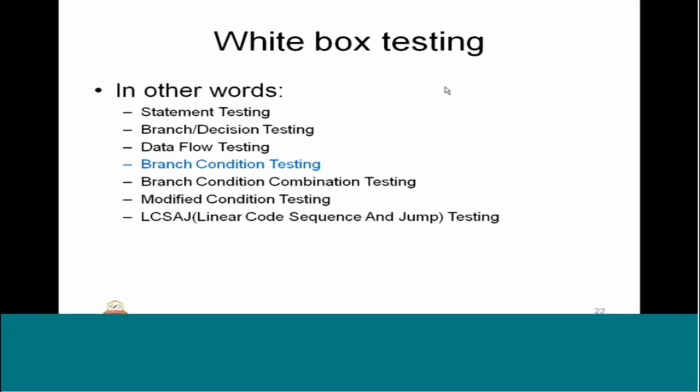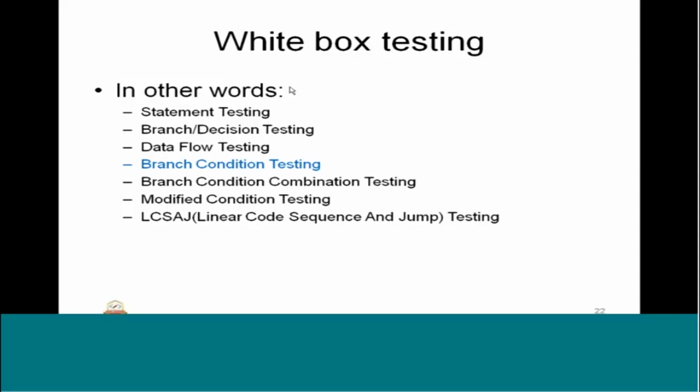Okay, so we have studied statement testing, where all the statements have to be executed and invoked, and in branch or decision testing, we have seen that every diamond or decision block, the branches, will be tested.